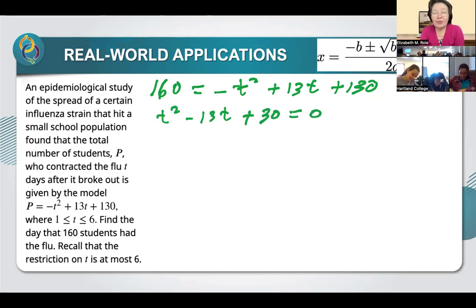You can also retain the T squared as minus, but I just feel like a better quadratic equation is when the coefficient of the squared term is positive. So transfer T squared to the other side, then minus 13T, 160 minus 130 is 30. Okay, go ahead and solve.